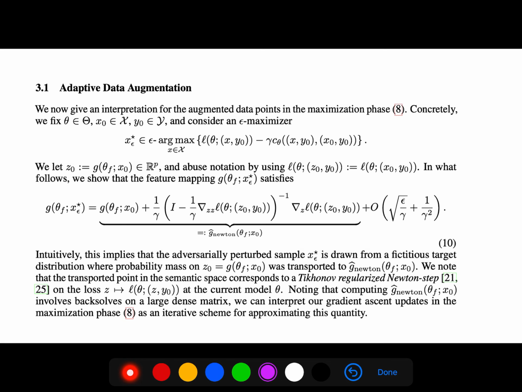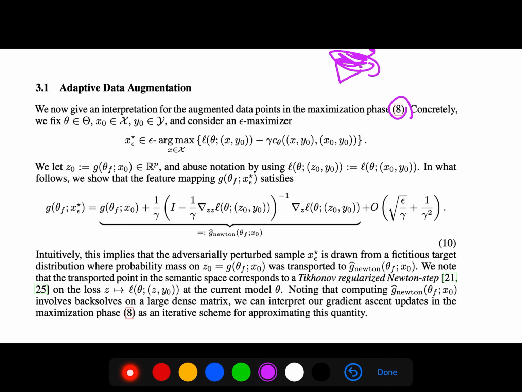Now they give an interpretation of the augmented data points in the maximization phase. Remember that we had two phases, maximization and then minimization, that we alternately train, several times, like the expectation maximization framework.